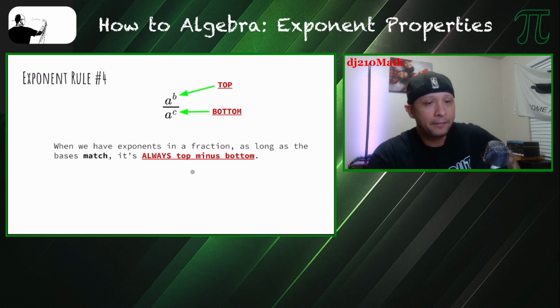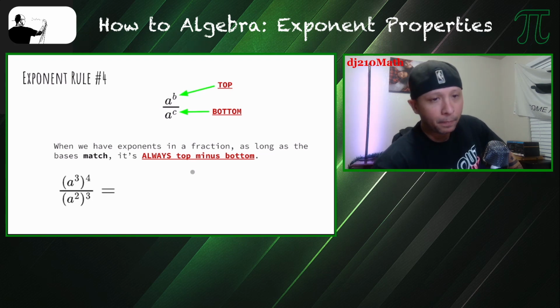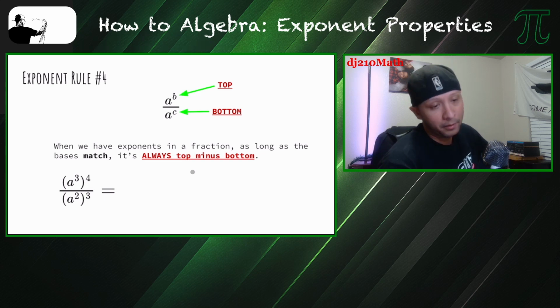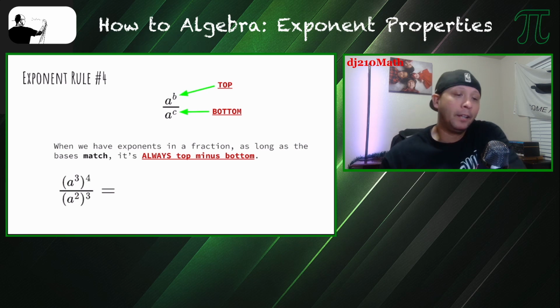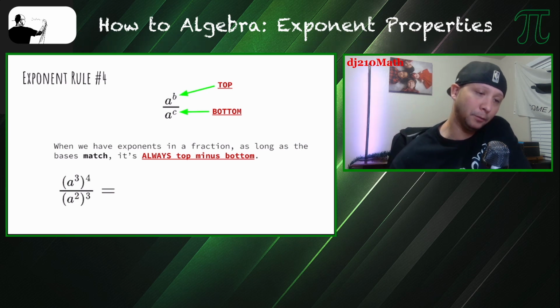So here we have a cubed to the 4th power all over a squared to the 3rd power. Here's a combination of things, so we have to apply one of the previous rules.